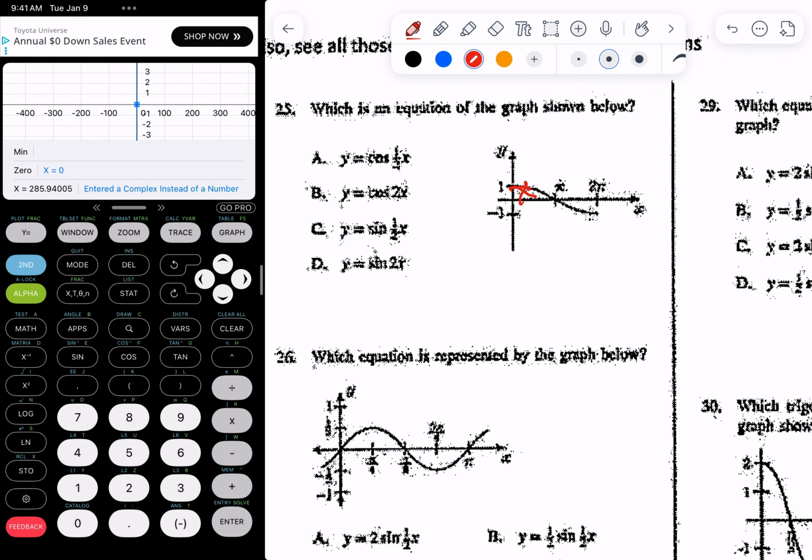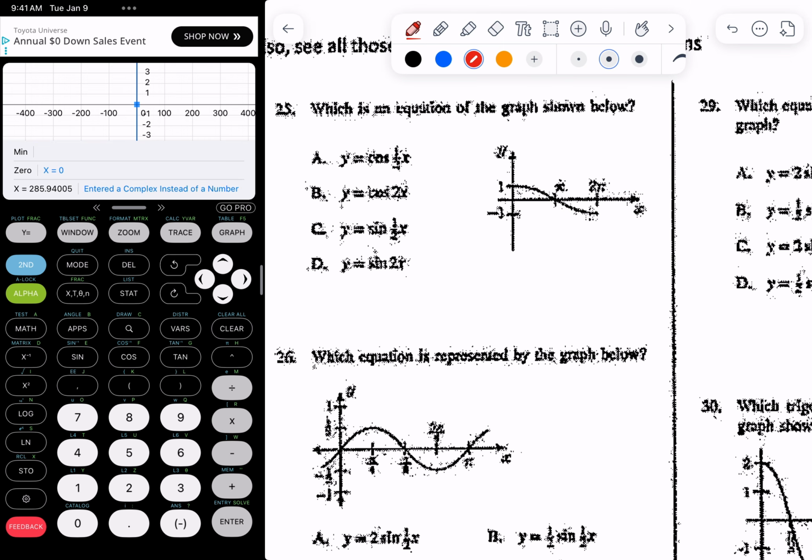If it goes up to 2 pi and does a full thing, then that's cosine x. If it did it twice before 2 pi, so let's say like this, then it'd be cosine 2x. Cosine half x would be exactly like this, because it would take double the time.